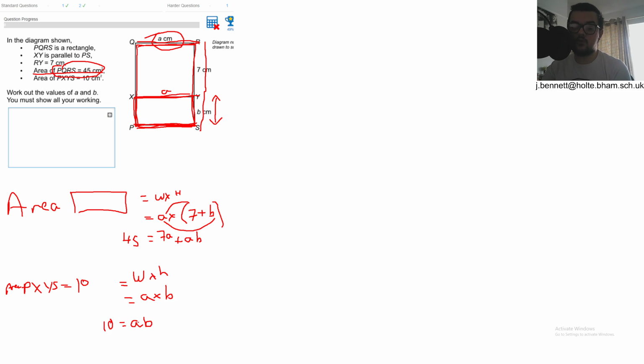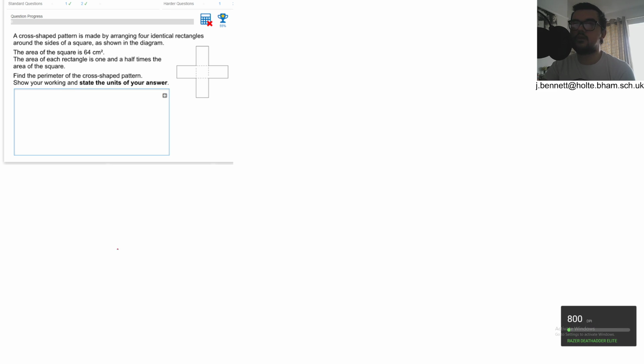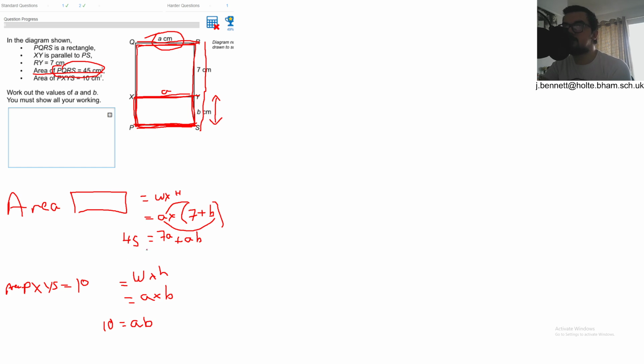Now we can't solve for A or B using this. Oh, sorry about that. There we go. Right, so we can't solve using A or B alone. But what we can do is this AB here matches to this AB here.